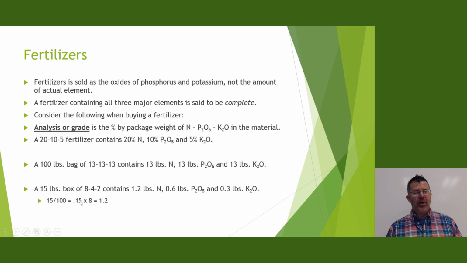And then we're going to multiply the 0.15 times each one of the ratios here. 0.15 times 8 gives us the 1.2 pounds of nitrogen. 0.15 times the 4 gives us the 0.6 pounds of phosphorus. And 0.15 times your 2 will give you the 0.3 pounds of potassium in this 15-pound box of fertilizer. Here we have a straight 100 pound. So basically it's just 13 all the way across because it is based on a 100-pound bag.